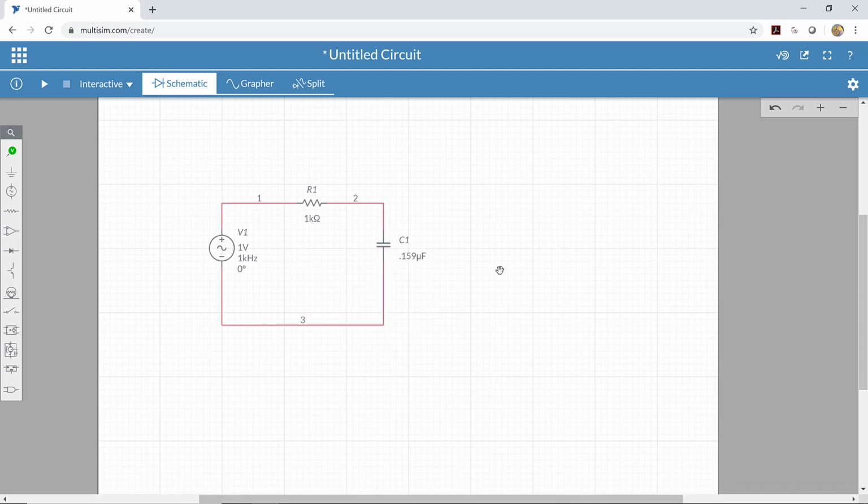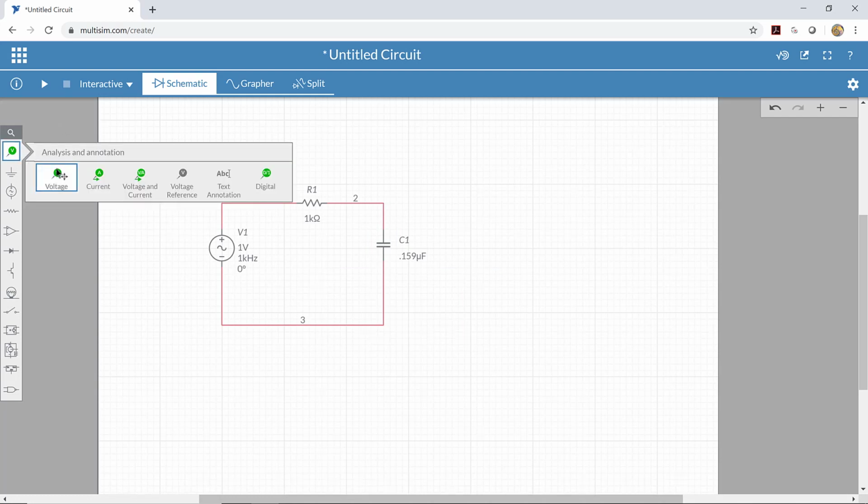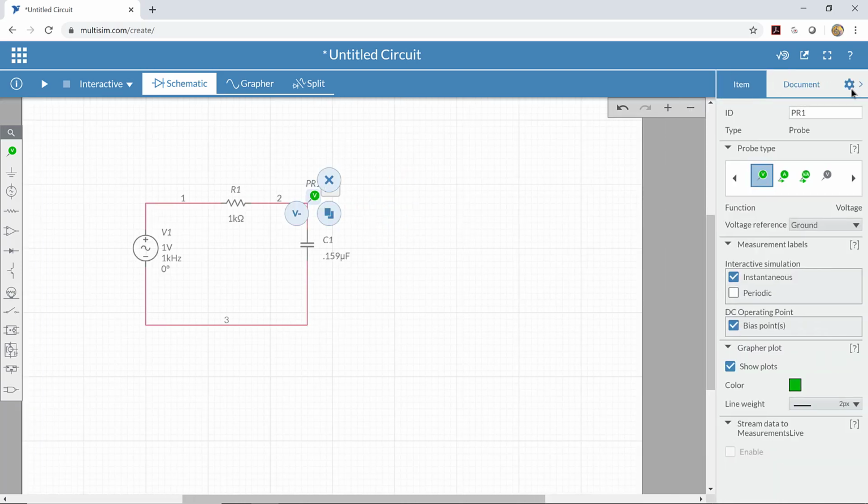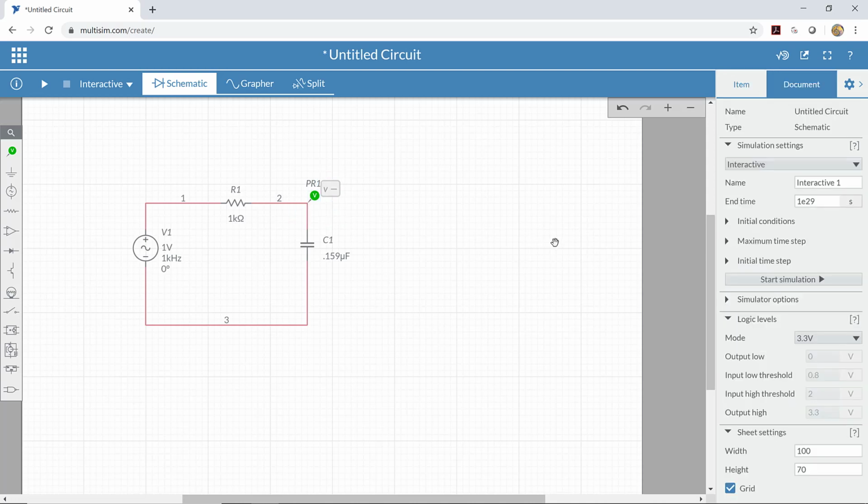So now what I can do is put a voltage probe here and run a simulation, and I'm going to come over here to my settings and change some settings. I'm changing settings for the voltage. So now I click on the background to change the settings for the simulation.